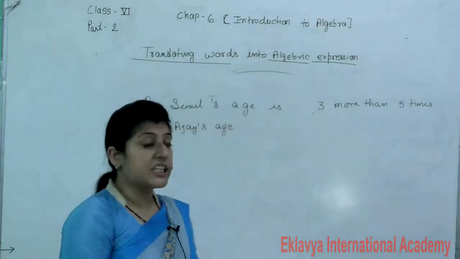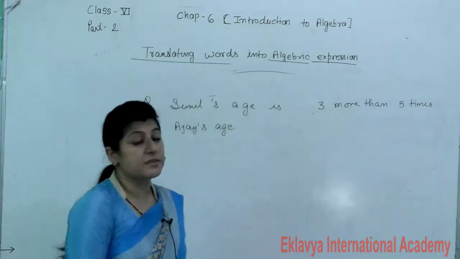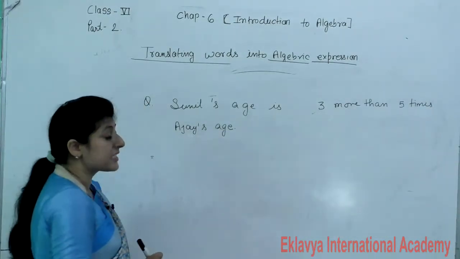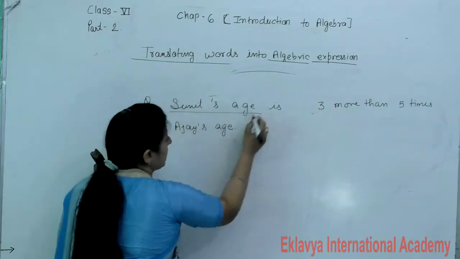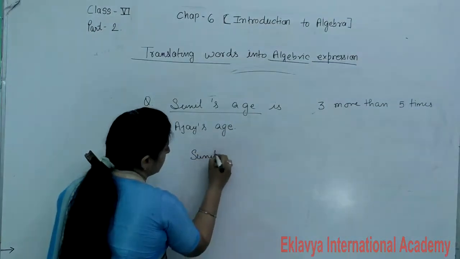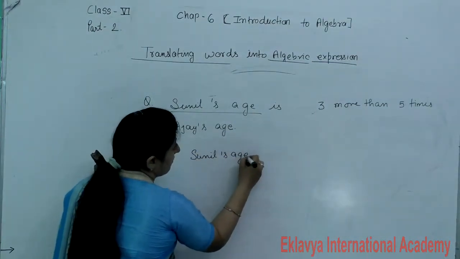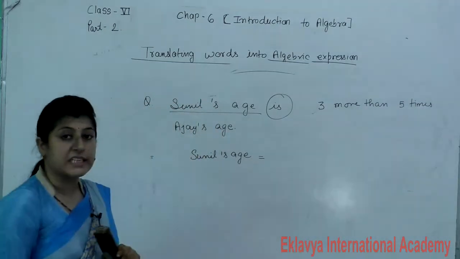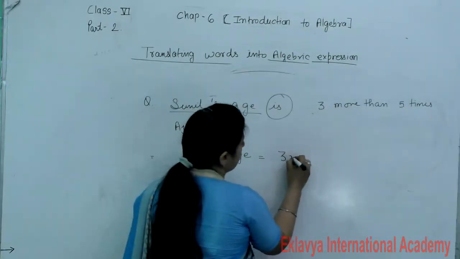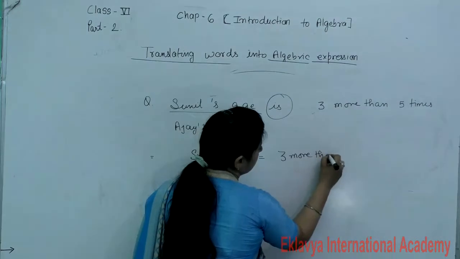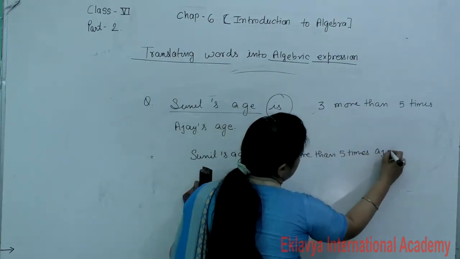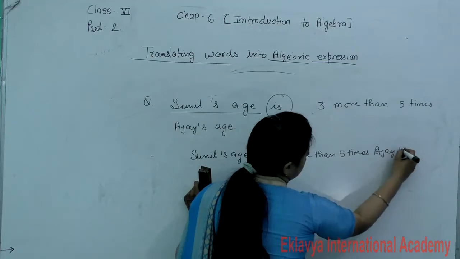Write down this statement into algebraic representation. Then how to write it down? Sunil's age is, and whenever you find a helping verb, you put an equal sign.